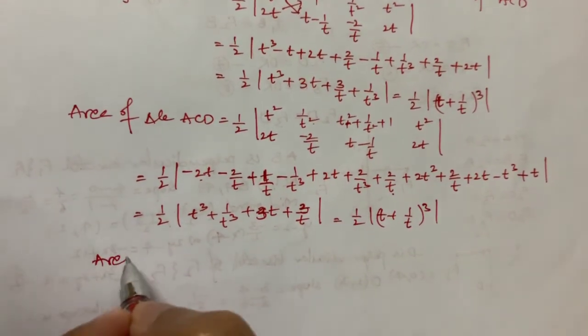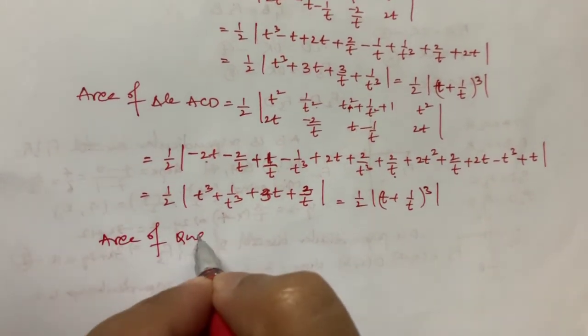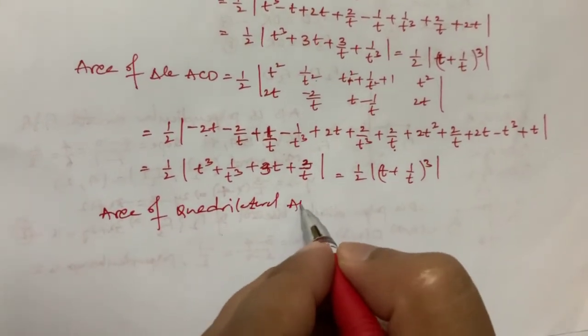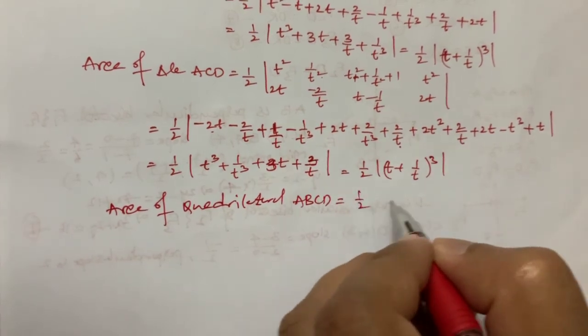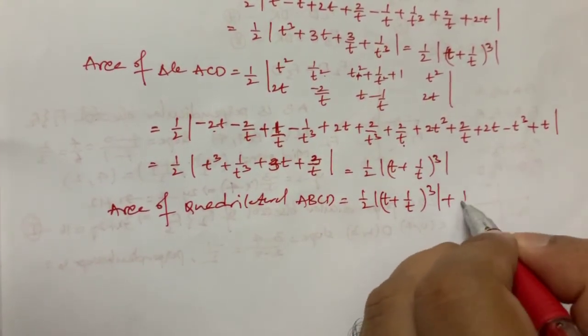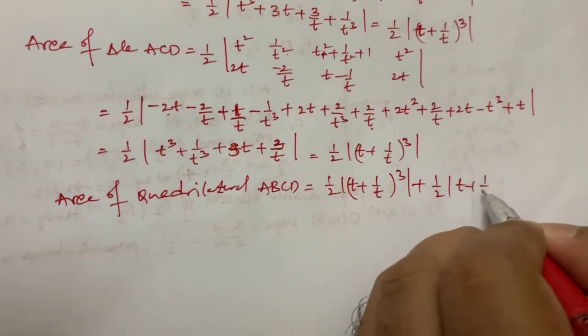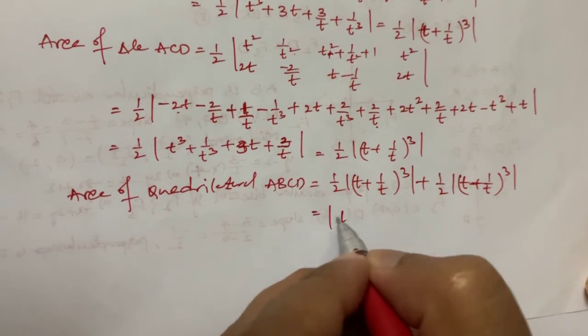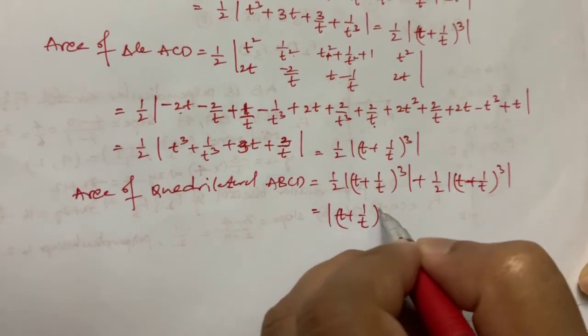So area of quadrilateral ABCD is equal to half mod t plus 1 by t whole cube plus half mod t plus 1 by t whole cube. So this is mod t plus 1 by t whole cube.